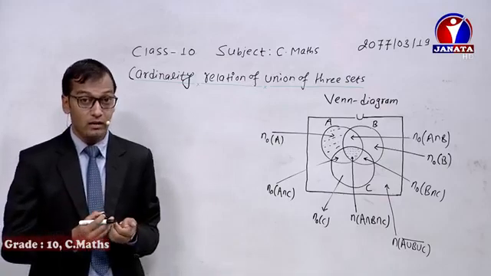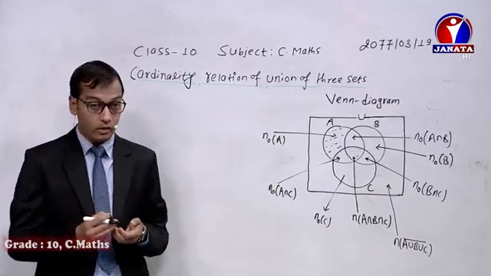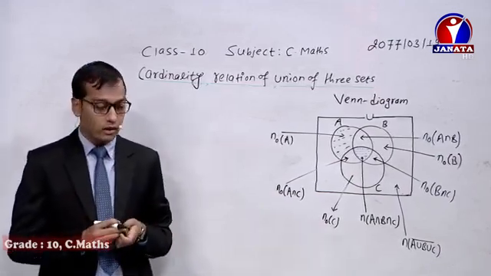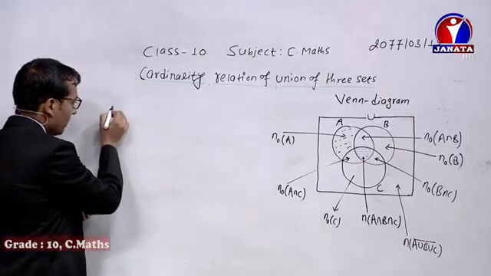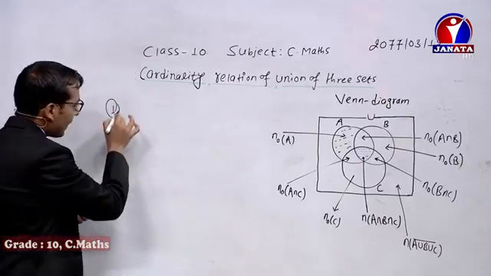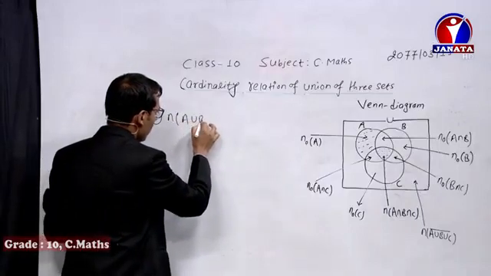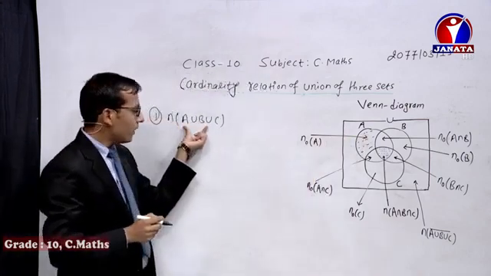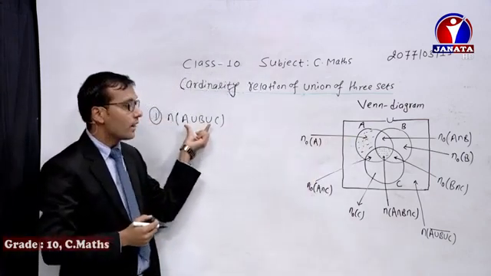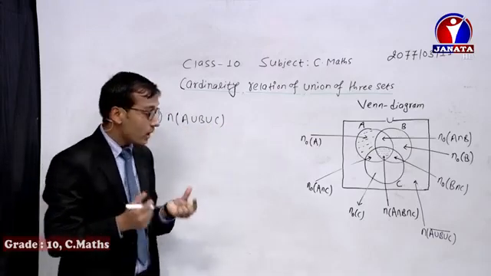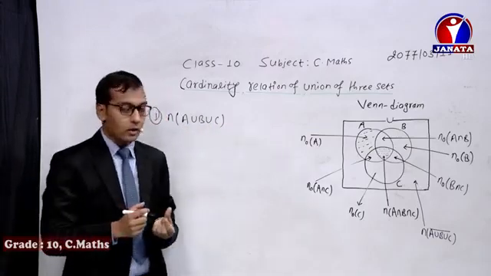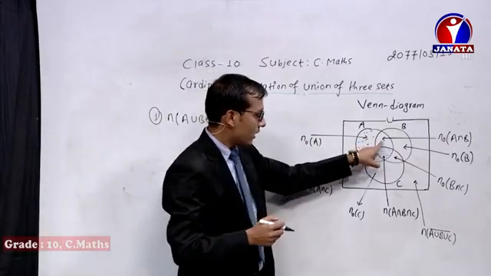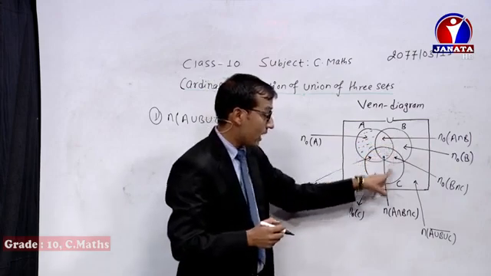Looking at this diagram, we can write some important points, some formulas we can derive, which we will use in the exercise and for the different questions that we will discuss. So let me begin with n of A union B union C. Under n of A union B union C, we can see in the diagram there are 7 different regions, represented by different set notations: first, second, third, fourth, fifth, sixth and seventh.